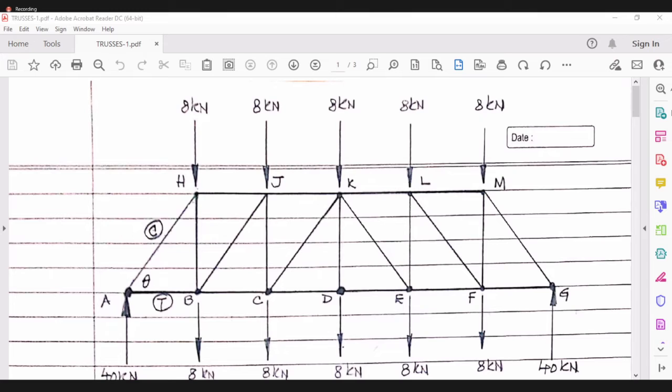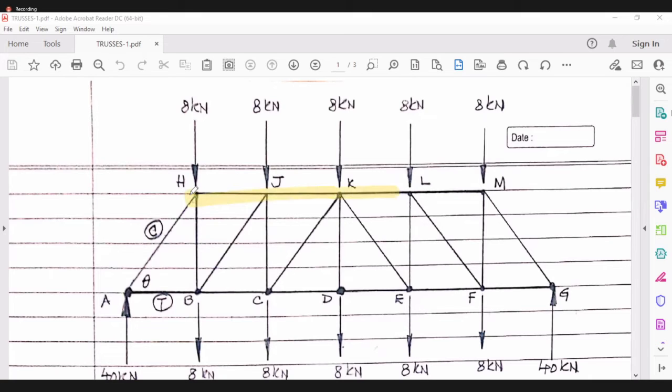This is normally used in a bridge. There are other varieties also.